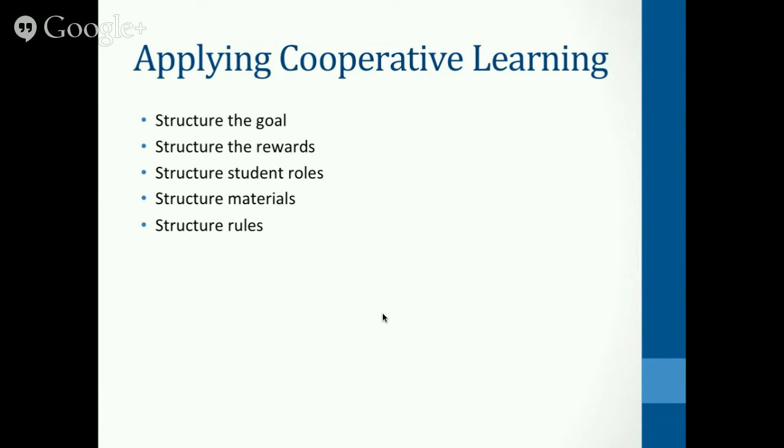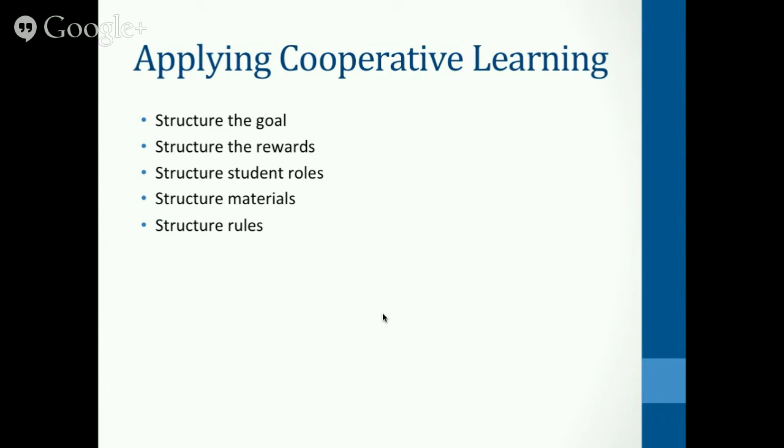One person has to report to the class, one person has to provide discussion questions for the group, and so on. If you structure student roles, then they know what they have to do, and they can go from there.